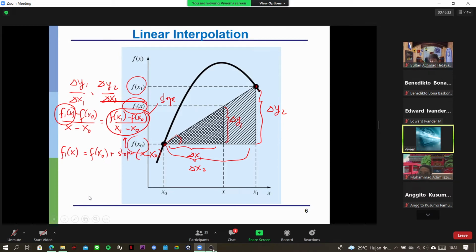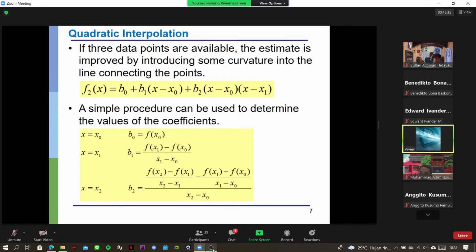Now we want to extend further to a higher order interpolation. Say we want to use quadratic interpolation, so we use a minimum of 3 data points so that we can find the second order equation to approximate the 3 data points here.